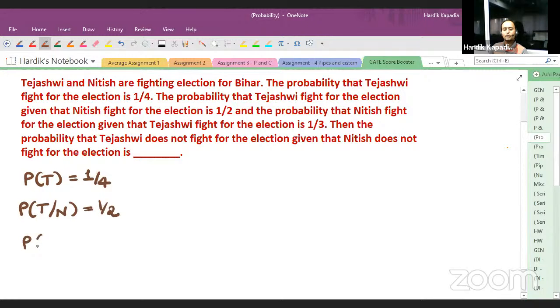And the probability of N given T is 1/3. I'll wait for 1 minute. Do the calculations on your own and write down the answer in the comment box.